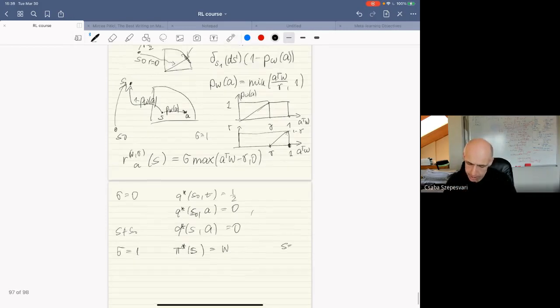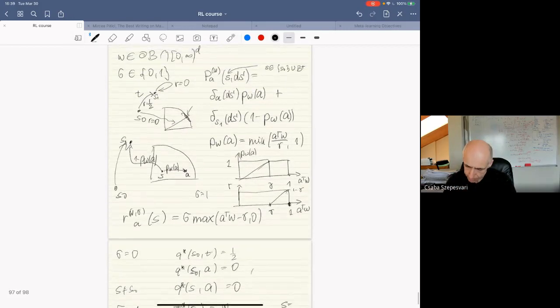Right. So what does this do? On this figure, we are here, because the inner product between the action we take and W is 1. So with probability 1, we jump to where the reward is, and we collect the reward, which is 1 minus gamma, and then we continue doing that.